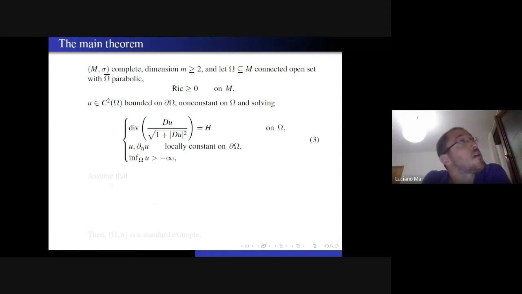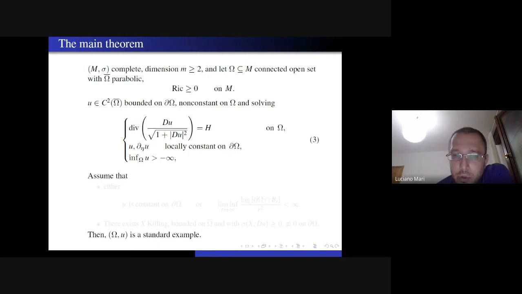On the boundary, they have to be locally constant, but globally bounded, both u and the normal derivative of u. If the boundary has infinitely many connected components, the boundary value of u should be uniformly bounded, and the normal derivative of u should be locally constant and uniformly bounded, because otherwise it could be a trouble. And the infimum of u is bigger than minus infinity.